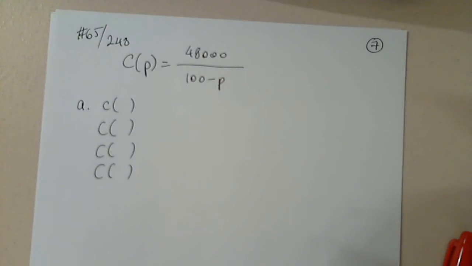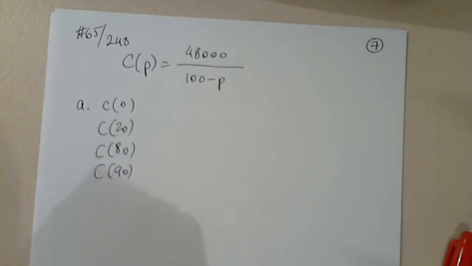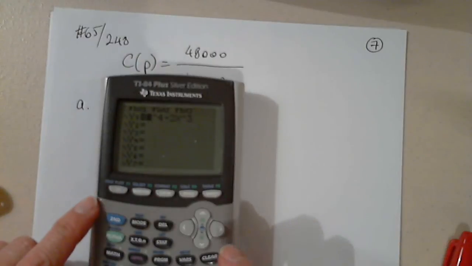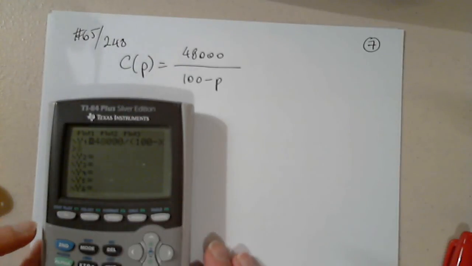Okay, so there are 0, 20, 80, and 90. I will grab my calculator, put in y equals this function, 48,000 divided by 100 minus x.